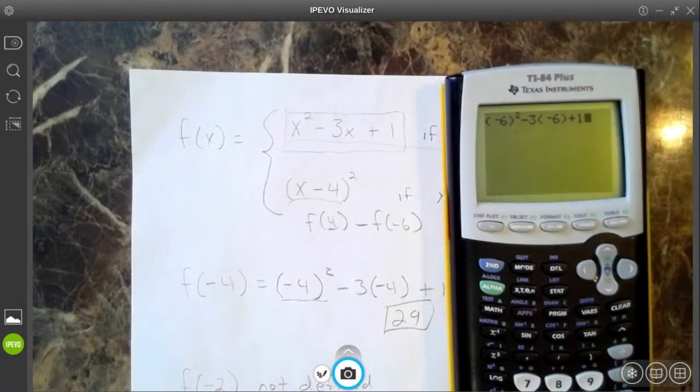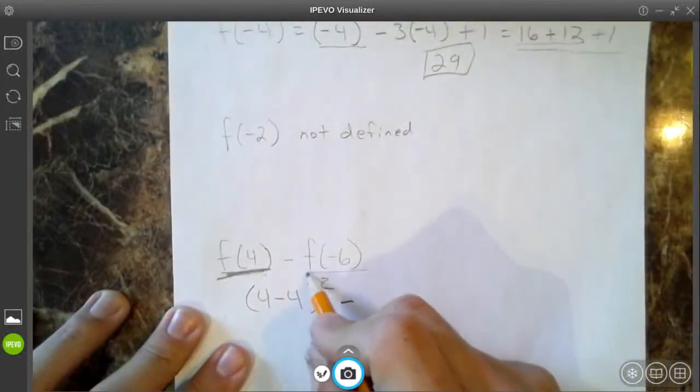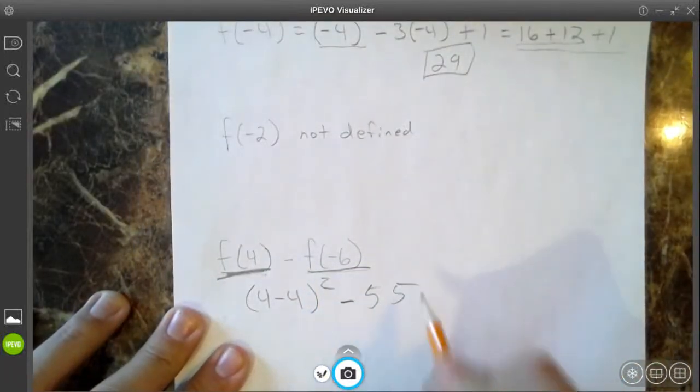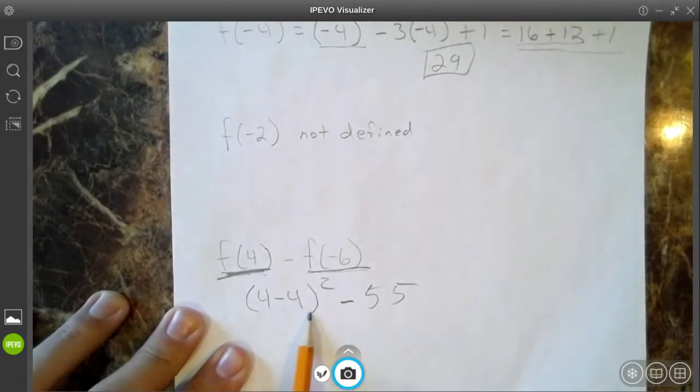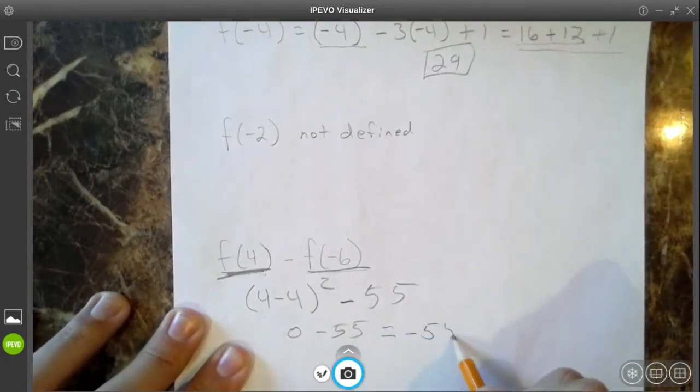I got 55. That was what f of negative 6 was. Then 4 minus 4 is 0. 0 to the second power is 0. 0 minus 55 is our answer, negative 55.